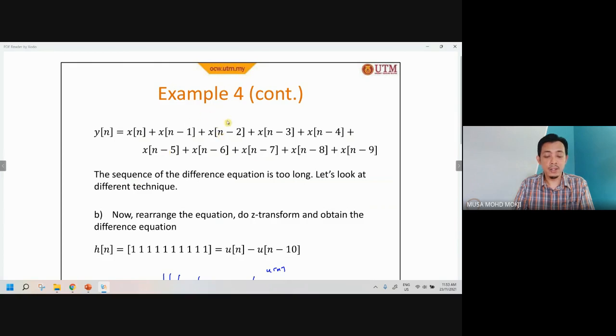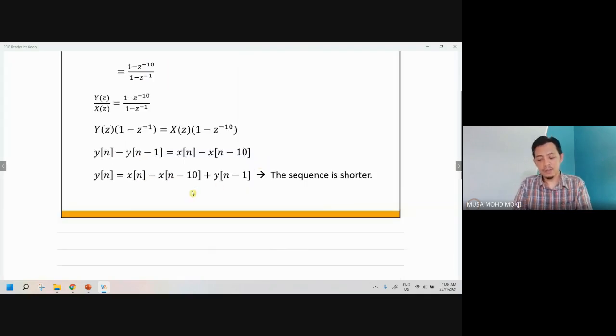So you need 10 memory to place these values. But comparing this, you just need 2 summations instead of 9. How many memory do you need? 1, 2, 3.